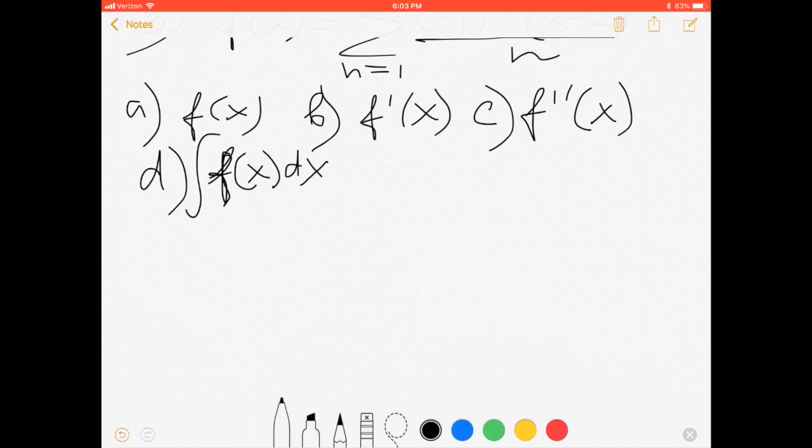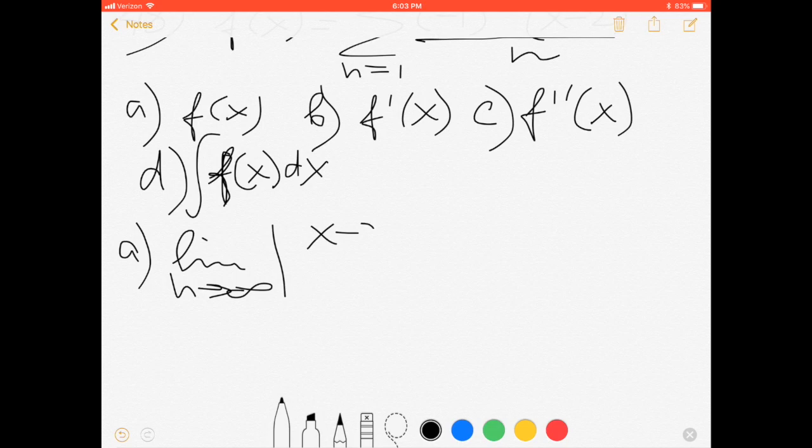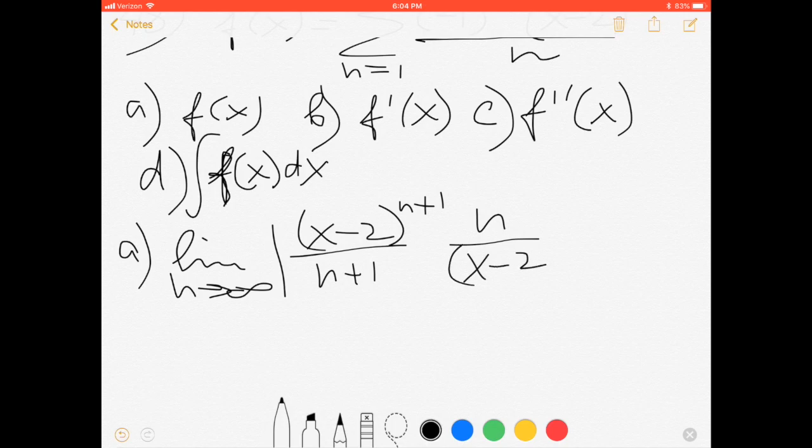Okay. We'll first start with question A. Here we have the limit as n approaches infinity of the absolute value of (x minus 2) to the power n plus 1 over (n plus 1), and (x minus 2) to the power n.